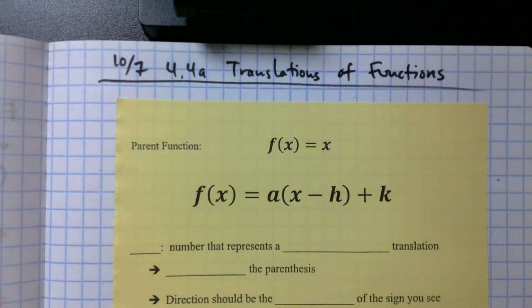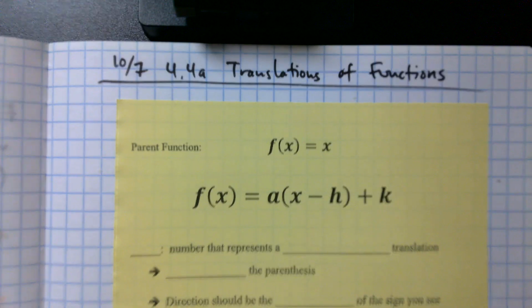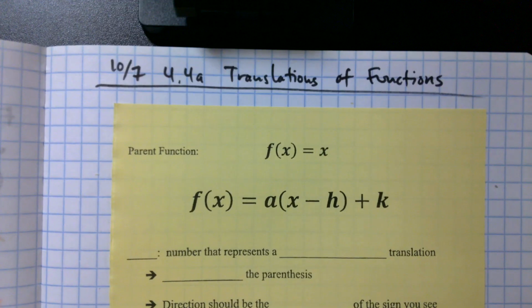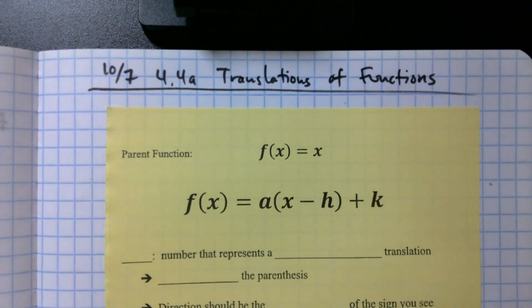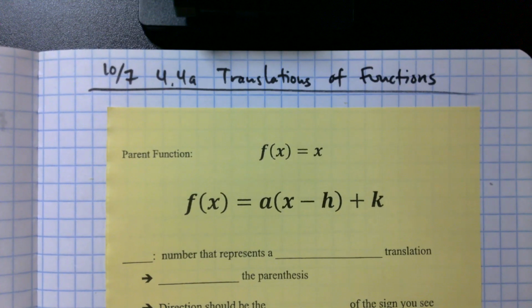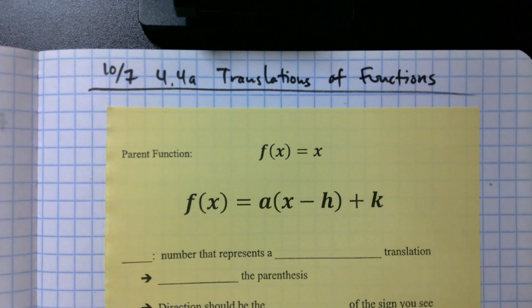Reflection, that's right. You ready for the next one? Translation. What am I doing with it? I'm sliding it around. I'm moving it. Am I turning it? No. Am I flipping it? No. I'm just sliding it around like a 2D space. Okay, does that make sense?